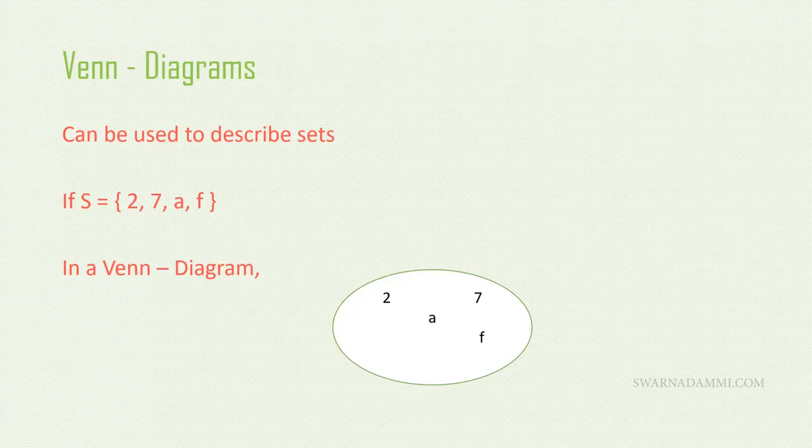We can use Venn diagrams to describe sets as well. In my example, if S equals {2, 7, A, F}, we can take a separate figure to represent these elements as the Venn diagram. In a Venn diagram, I have mentioned all the elements in this circle: 2, A, 7, F. That is in a circle, and that is called a Venn diagram.